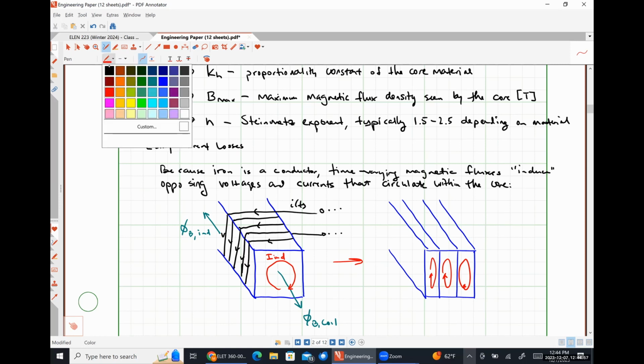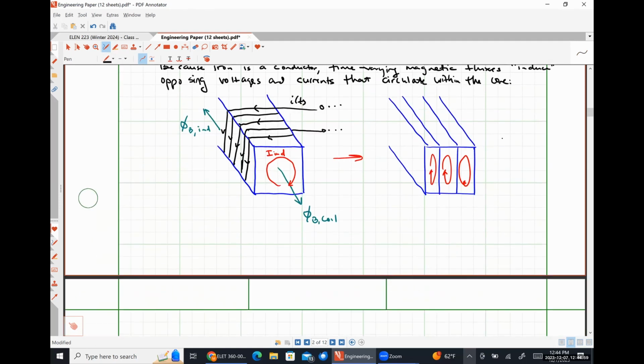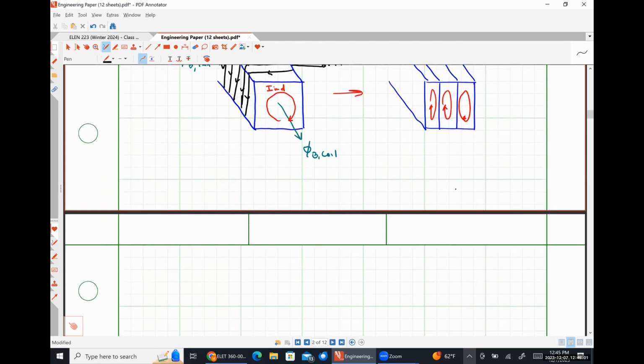So mathematically, scroll down here, our eddy current losses are given by the following equation. P sub E. By the way, this is just a quick aside, but eddy currents aren't named after some dude named Eddie. They're called eddy currents because they circulate around like eddy currents in a river.